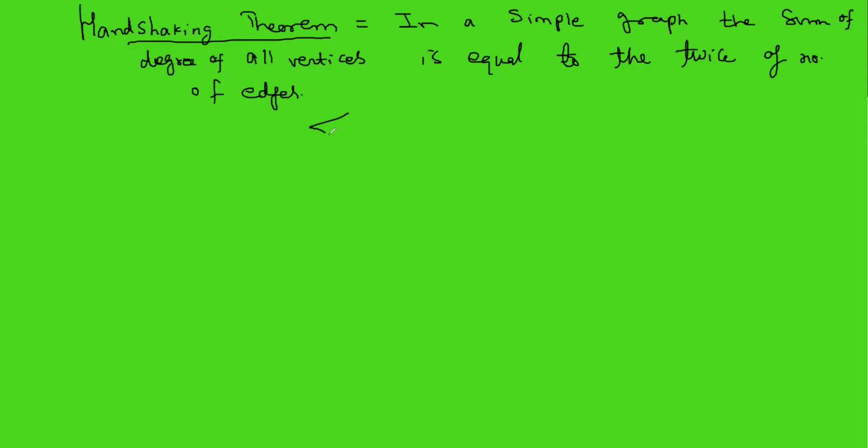So the summation of all degrees in a graph is equal to 2 times the number of edges.